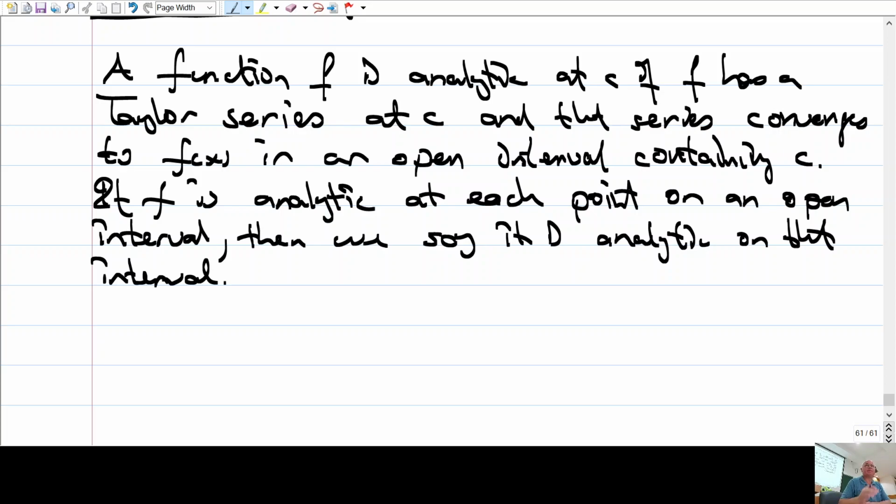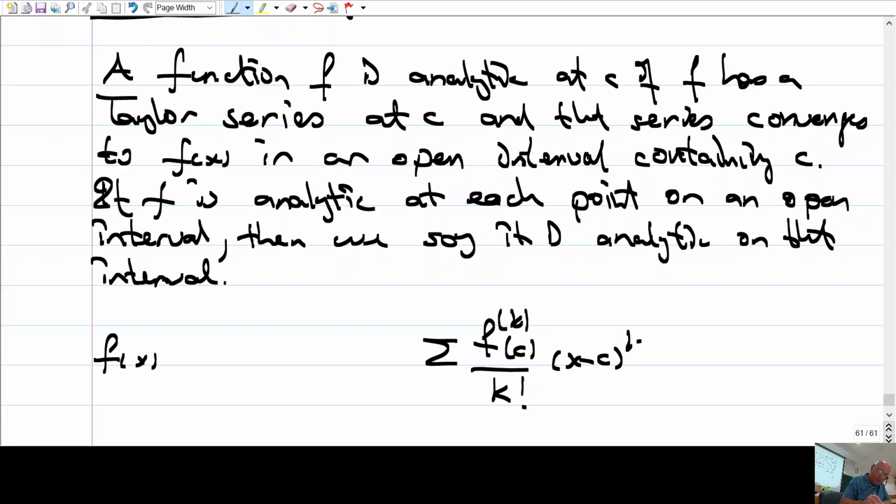Okay, let me explain what analytic means. Suppose you have a function f of x, and suppose this has derivatives of all orders at the point c, so you can form its Taylor series, which is just the kth derivative at c divided by k factorial times x minus c to the power k.